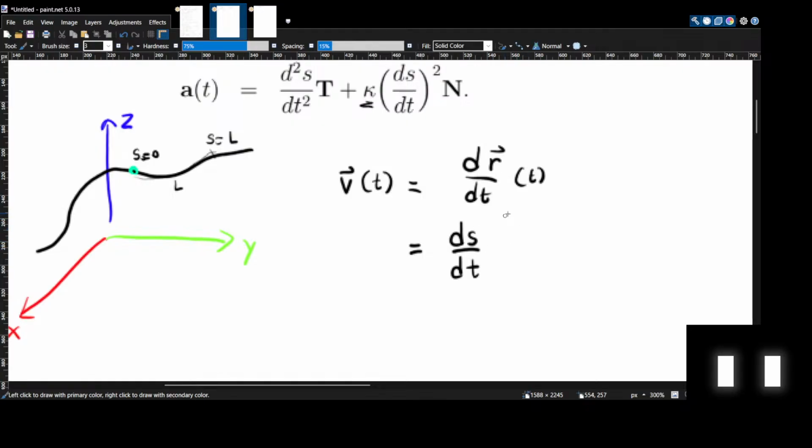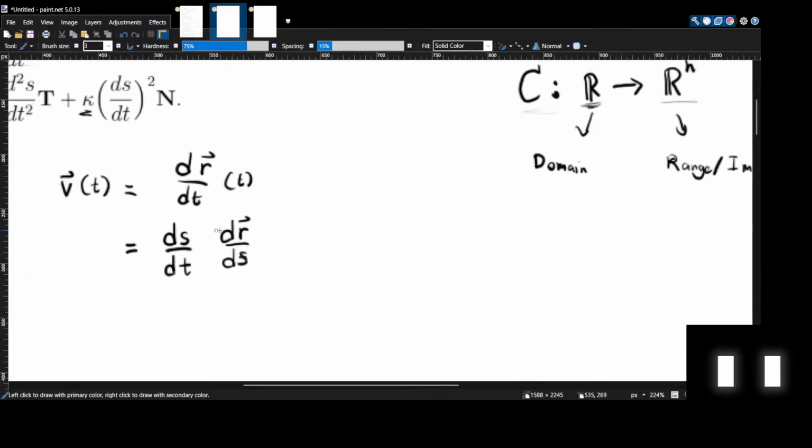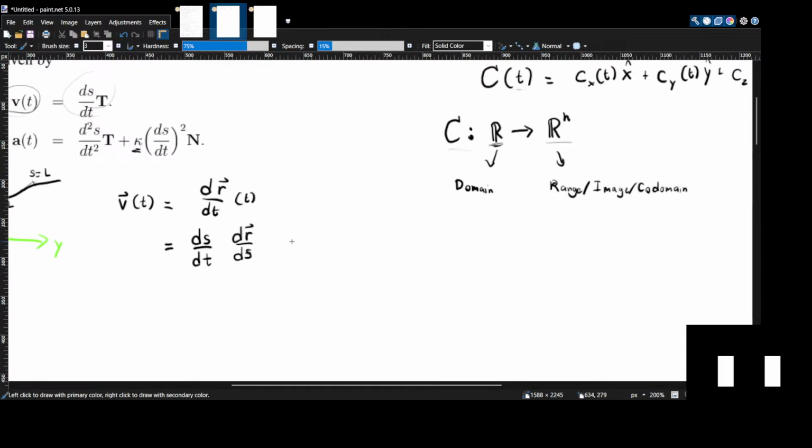We are basically reparameterizing it. This becomes dr by ds, which is the change in position over how far you moved. Obviously, this is going to be a unit vector, because dr is the direction that you moved and the distance that you moved, and ds is the distance that you moved.